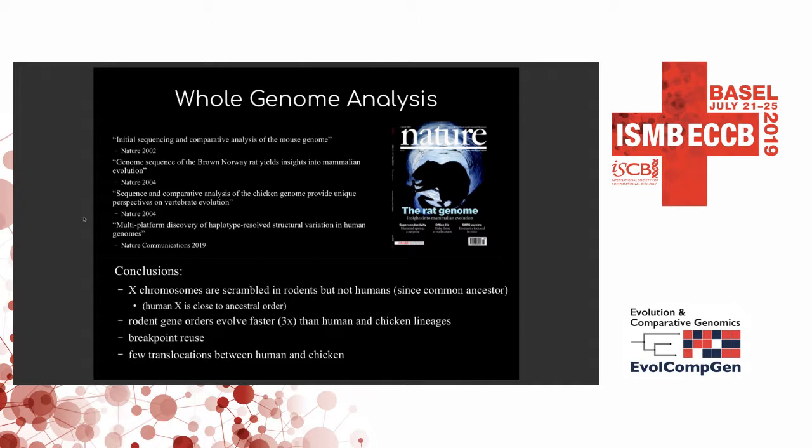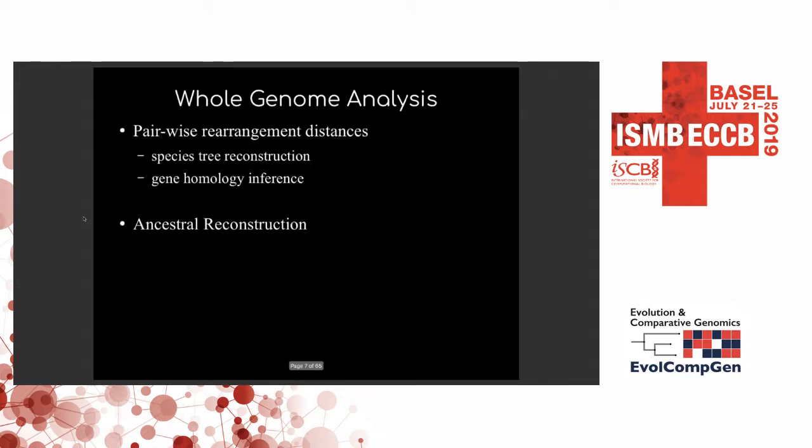So for a while, around the turn of the century, every time there was a genome sequenced, there was analysis of the gene order evolution. With the 1,000 Genomes Project, there's now an analysis within species. People call these structural variations or rearrangements. Things can be said about breakpoint reuse, the speed of chromosome evolution on parts of the tree.